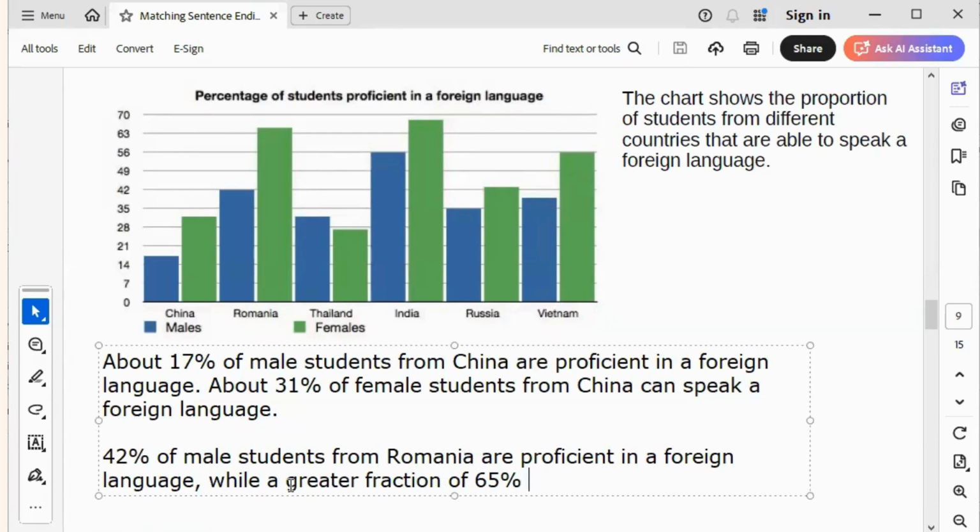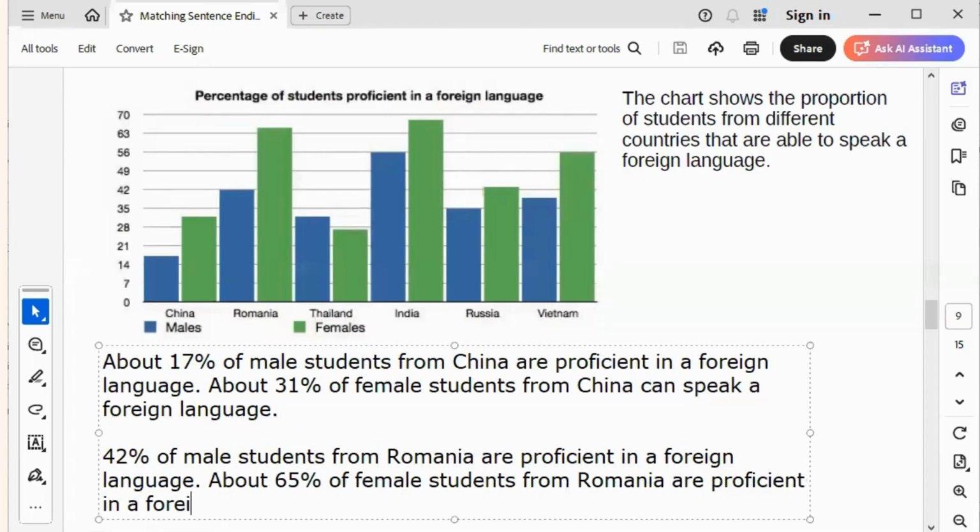Okay, sorry. Let me not complicate this. Let me just put a full stop here. For the green one, I'll say: 65% of female students from Romania are proficient in a foreign language. XYZ formula. That's what I'm doing.